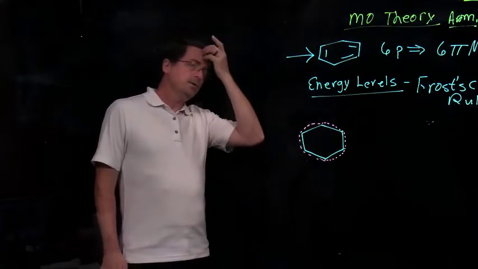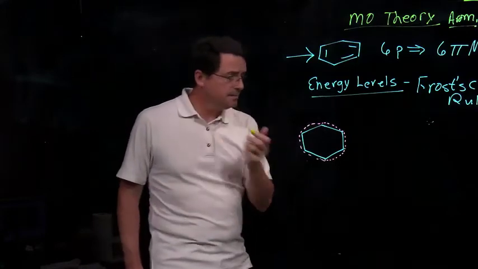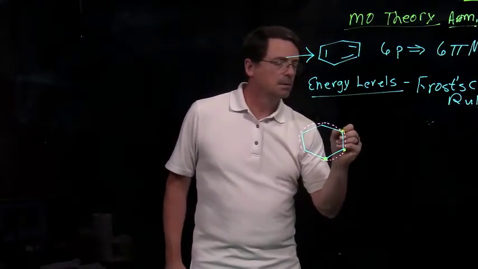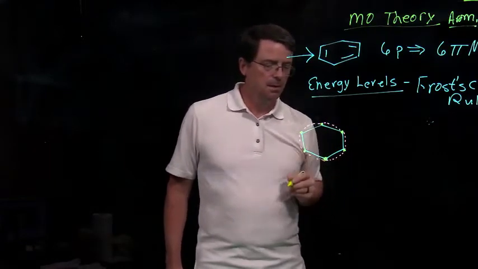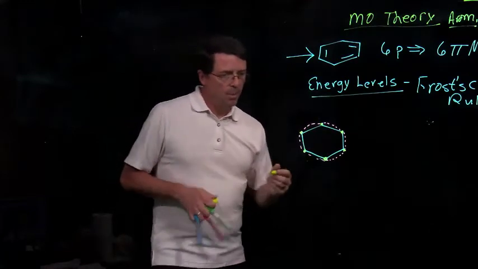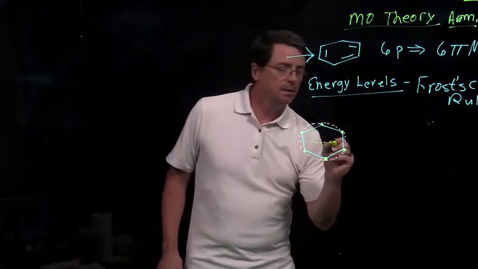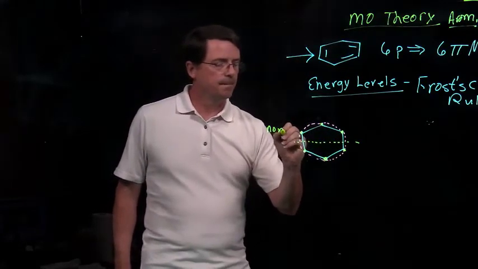Now, everywhere that a vertex of this system touches the circle, we will get a corresponding energy level. So the point that would correspond to the equator is our non-bonding level.